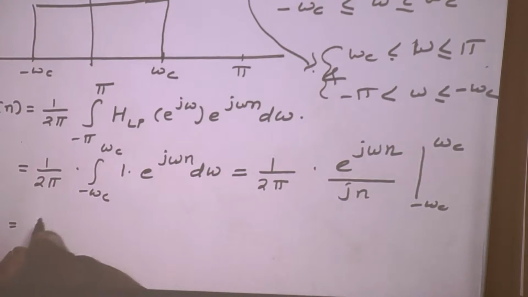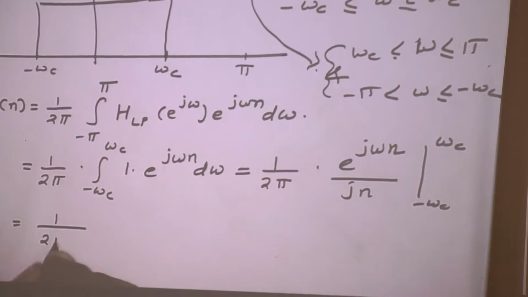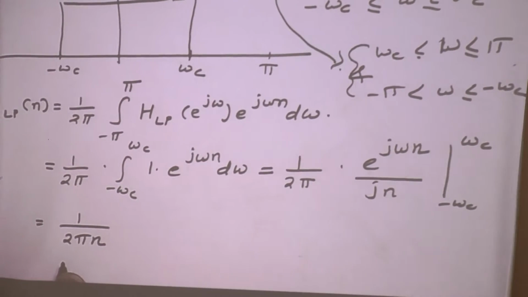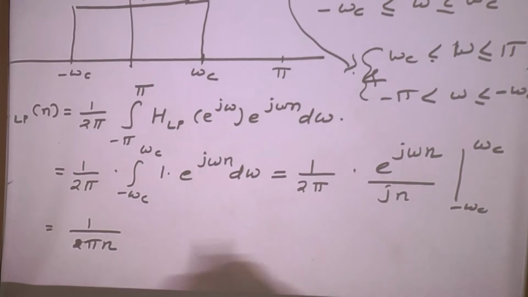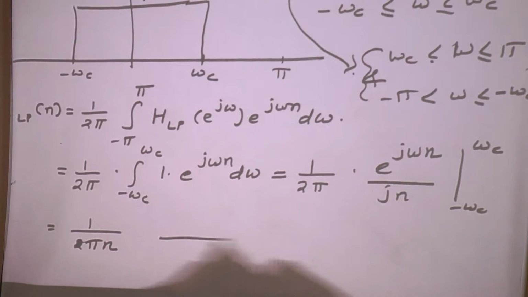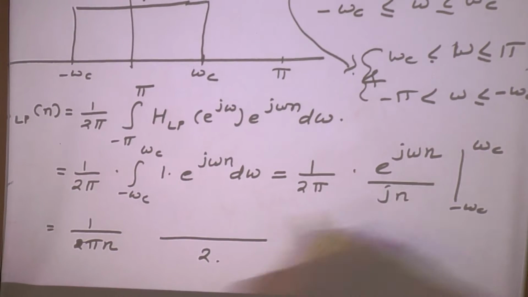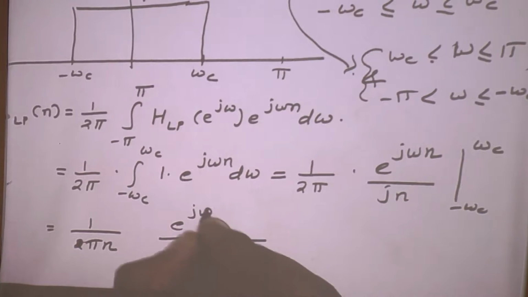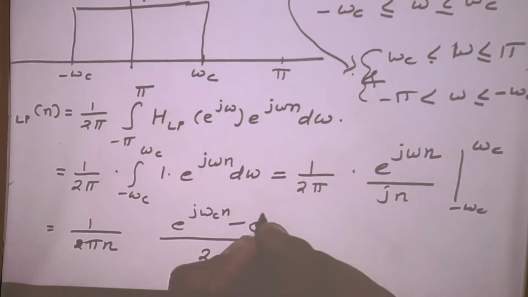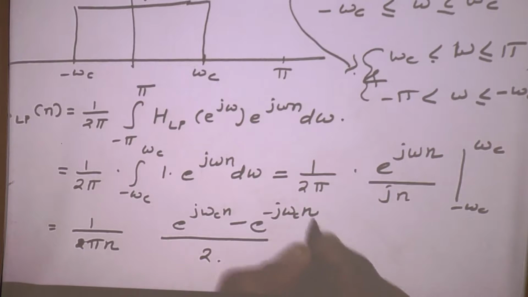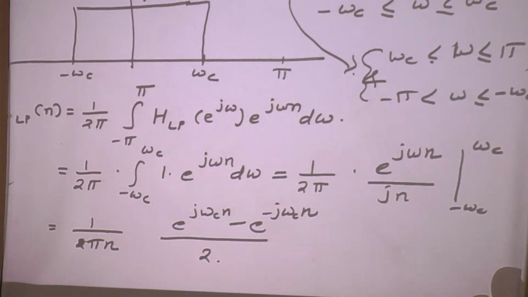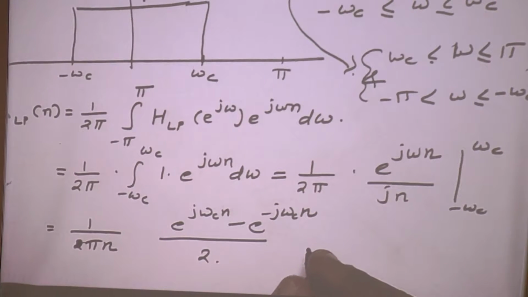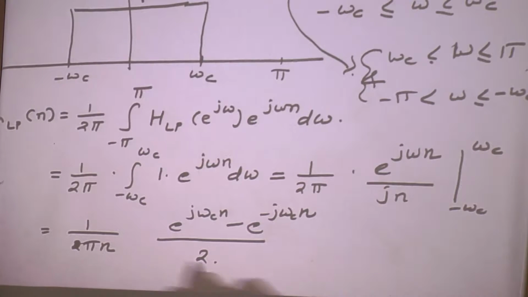This can be written as 1 by 2 pi n. I will only write pi n, 2 I will take here. What is this? It is e to the power j omega c n minus e to the power minus j omega c n. j also is remaining, so 2j.